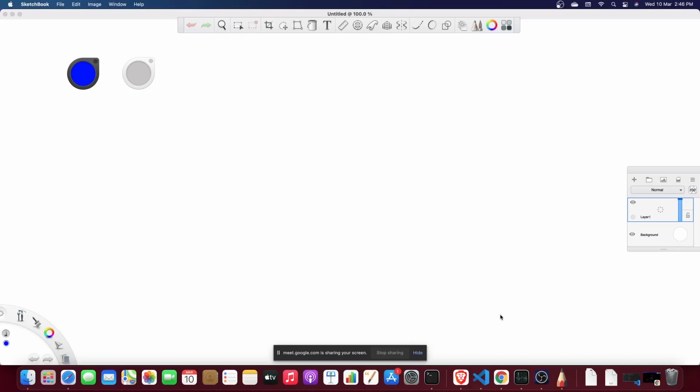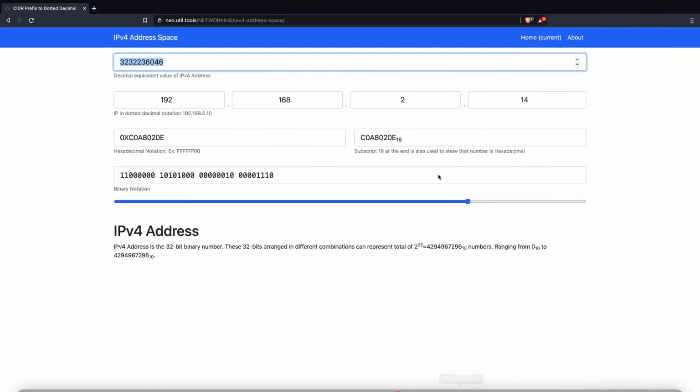What is the IP address we have there? Which is 192 dot 168 dot 2 dot 14. Okay, this is the one here.